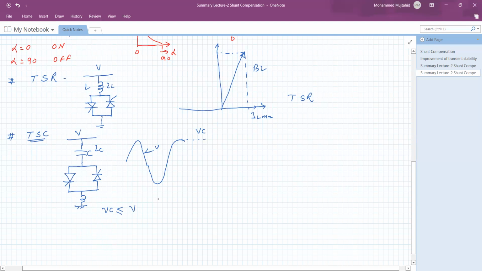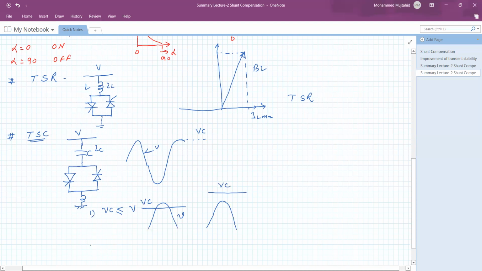In the first case, it is equal to or smaller than the system voltage. So this is the system voltage V, and this is the capacitor voltage VC. Similarly, this is the capacitor voltage, and this will be the capacitor charge voltage.